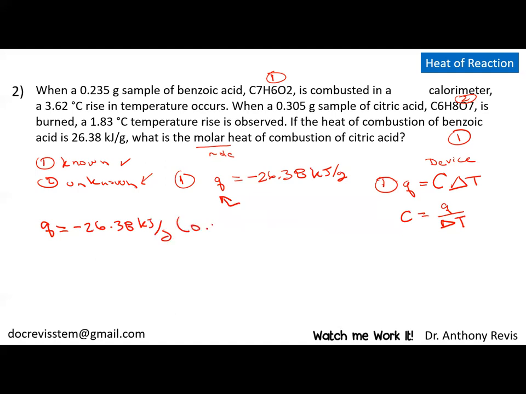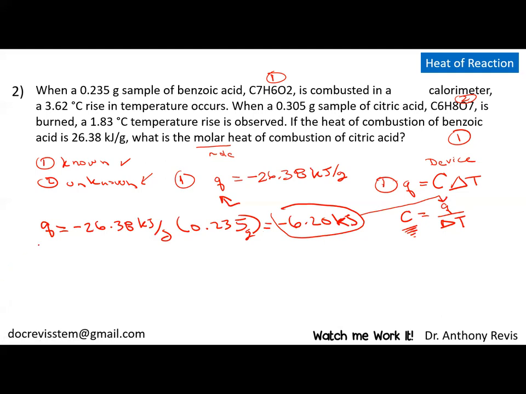That tells me how much heat is generated in this device, in my process. If I run that number through, I get minus 6.20 kilojoules. So now I'm going to take this and put it in here so I can standardize this.